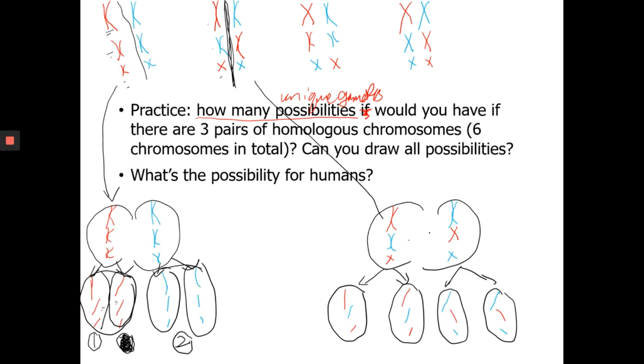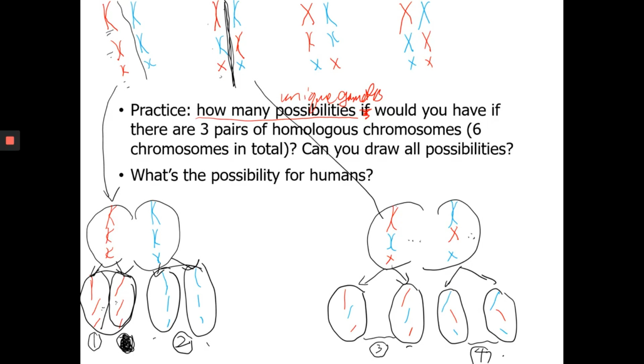So these are the 2 daughter cells at the end of meiosis I, and then if they go through meiosis II, the 2 sister chromatids are going to further divide. So this is what you end up with. Okay? So this is possibility number 3 because we're looking at the possibilities of gametes, right? And then this is number 4. So can you tell 1, 2, 3, 4 are totally different, right? They have different combinations of chromosomes.